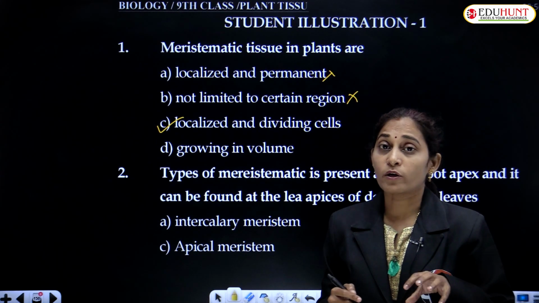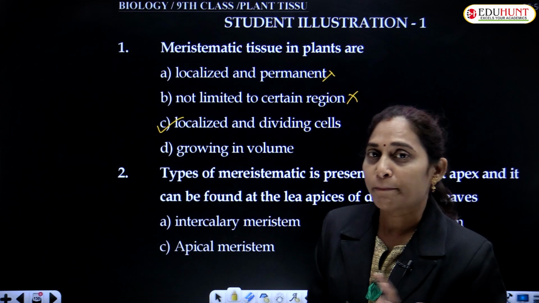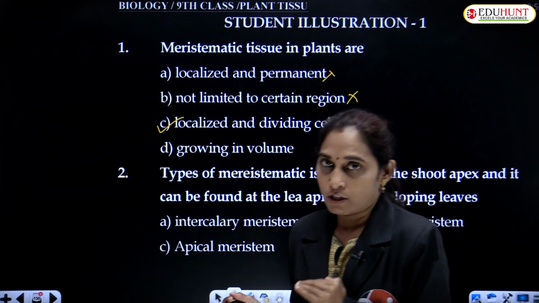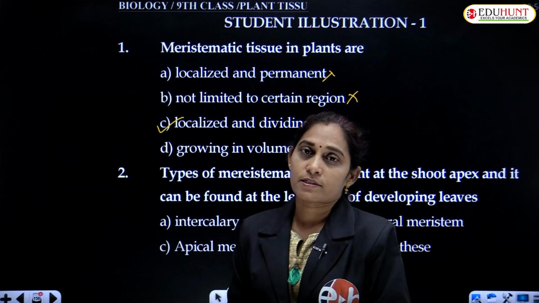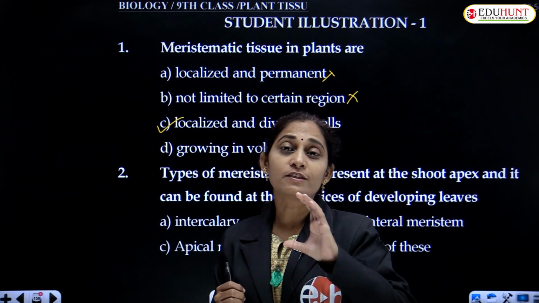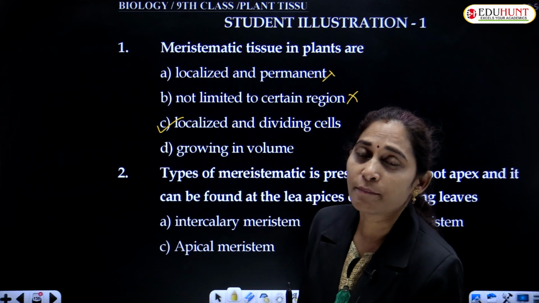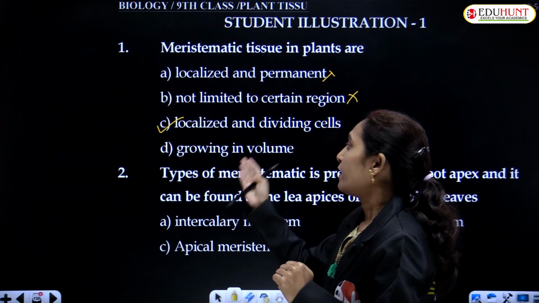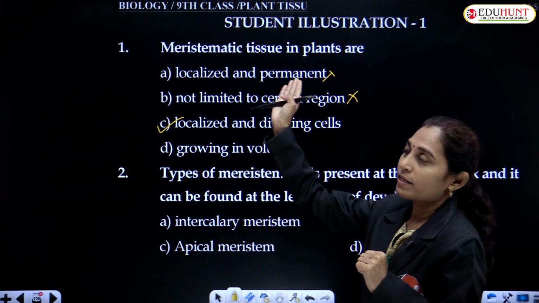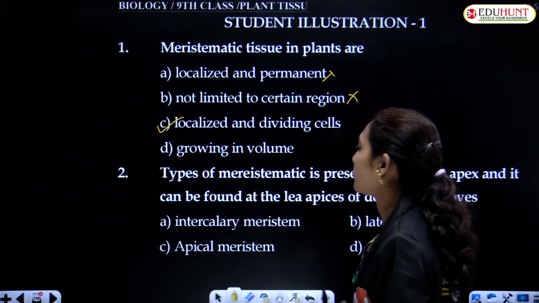That means their location is specific, like at the apical regions, root apex and shoot apex. In the lateral region, lateral meristems are there. In the intercalary position between the nodes, there is intercalary meristem. That is why we say that meristematic tissue is localized and dividing in nature.